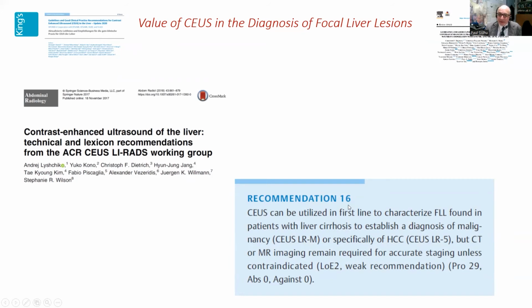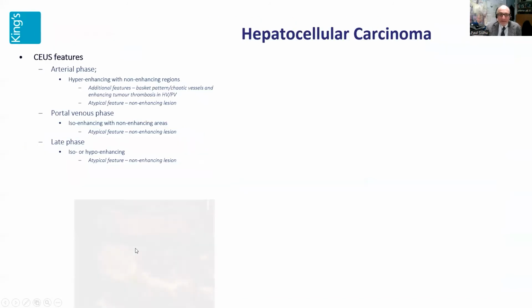But recommendation 16 in the guidelines indicate that it can be used as a first line to characterize focal liver lesions and liver cirrhosis to establish a diagnosis of malignancy, and this is LRM or HCC LR5. But CT and MR remain required for accurate staging because you're only looking at the lesion with contrast enhanced ultrasound.